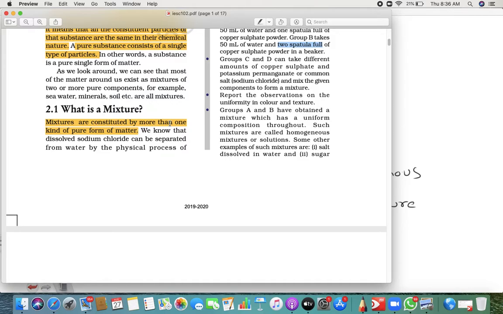Those are called heterogeneous mixtures. Basically they do not mix completely, and the particles you can see easily. Those are called heterogeneous mixtures, and the ones which dissolve completely are called homogeneous mixtures.